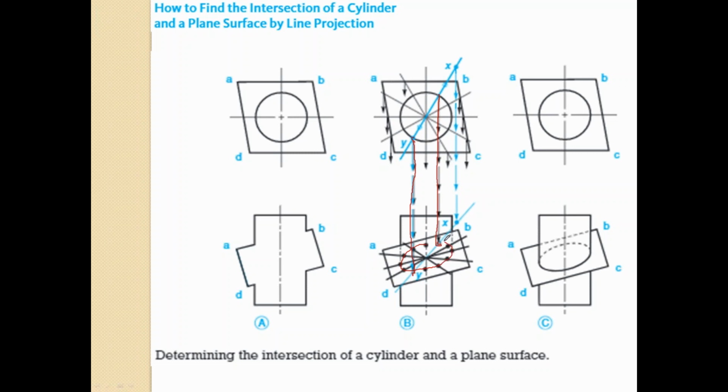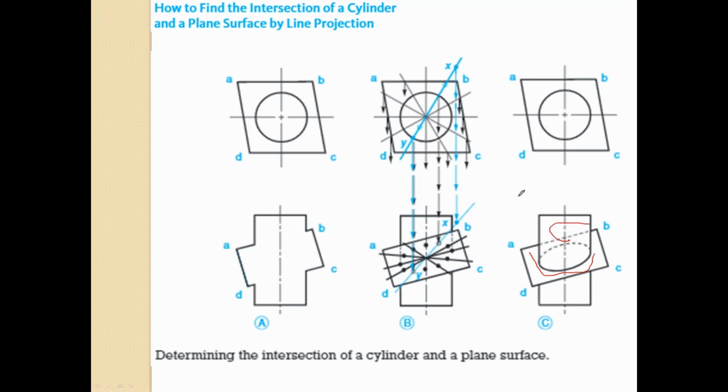Once all these points are established, you can just draw that intersection plane, and that's the intersection of the cylinder and the plane surface. This is your plane surface, and this is your cylinder intersecting the plane.